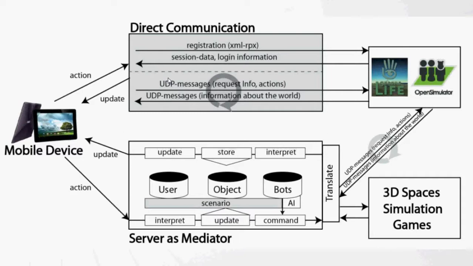The server has a user database taking notes about all information and attributes of the avatars of the user. An object database, all the objects that are in the virtual world, including their attributes. What can you do with an object? And the bots themselves, including all the possible interaction features, what triggers the bots, how a bot should interact.